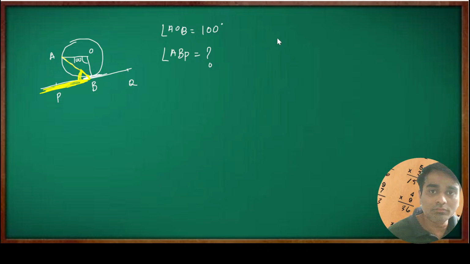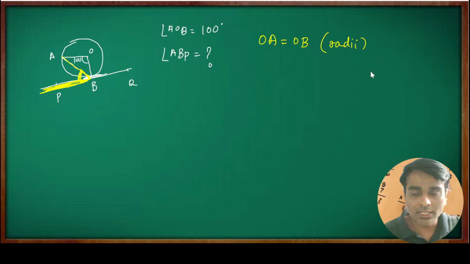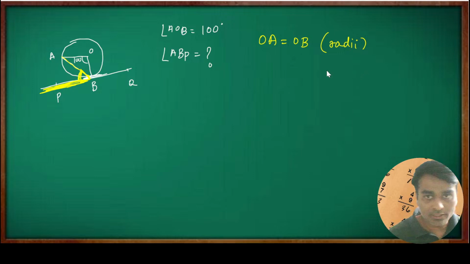So now radius will be equal, so I will write OA equal to OB because these are radii. Just listen carefully first, line by line. OA equal to OB, they are radii. I am going to prove something, then we'll get the angle ABP.